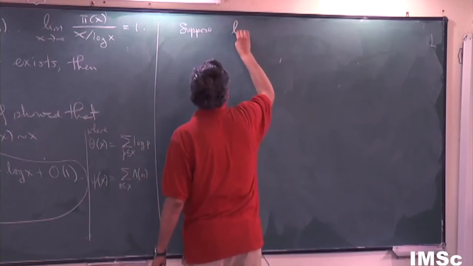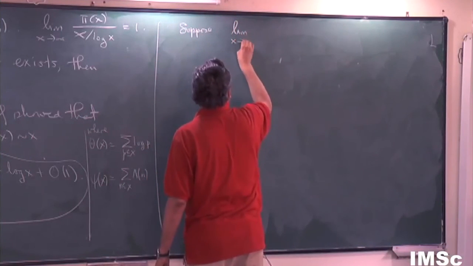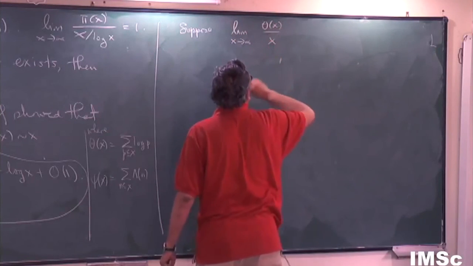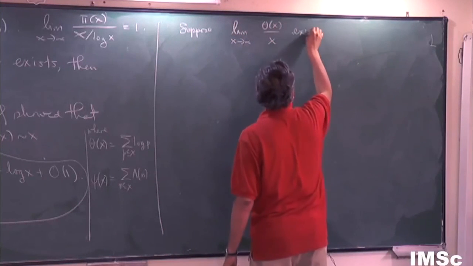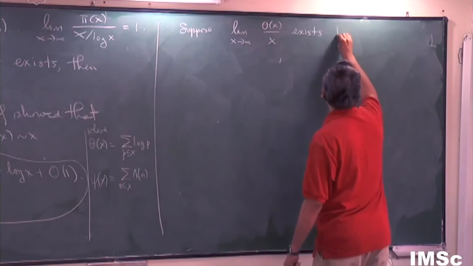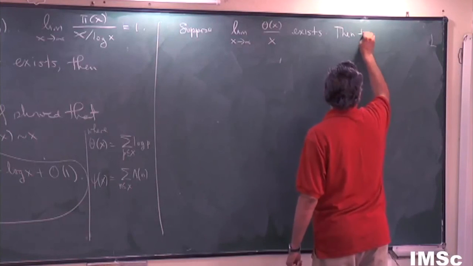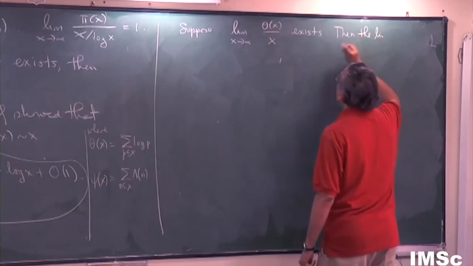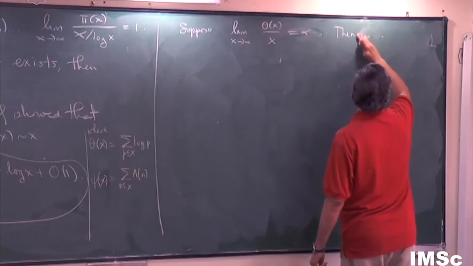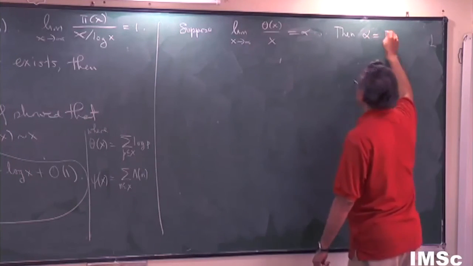Suppose the limit as x goes to infinity of theta of x over x exists. Then the limit is 1. Then alpha equals 1.